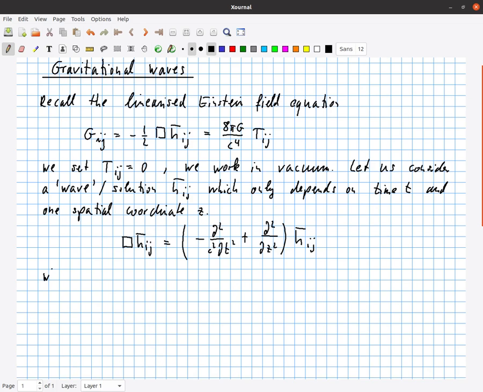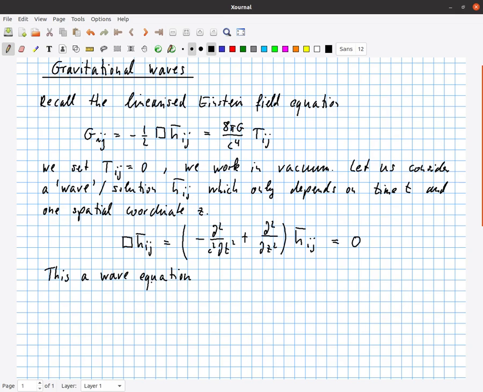Let's say this is a wave equation. We can actually put a 0 here on the right hand side because we already said we are working in the vacuum.